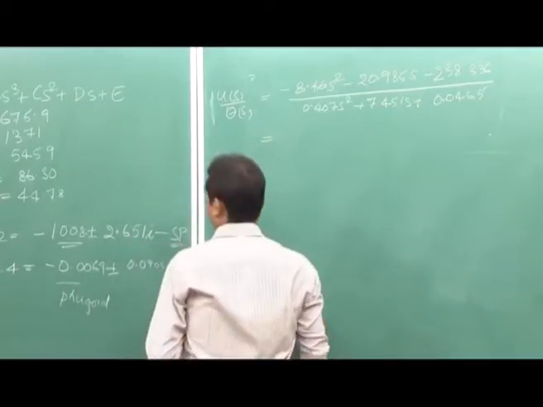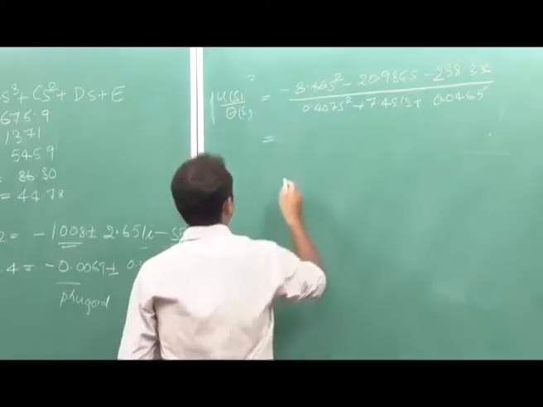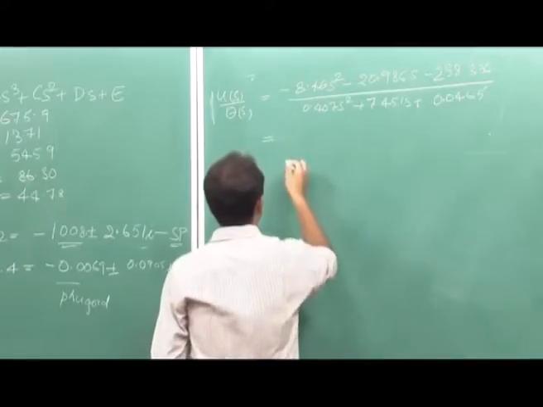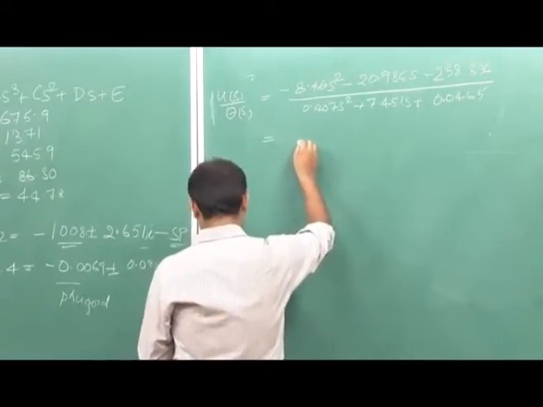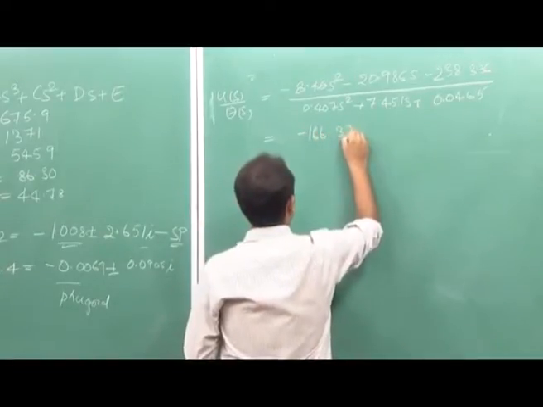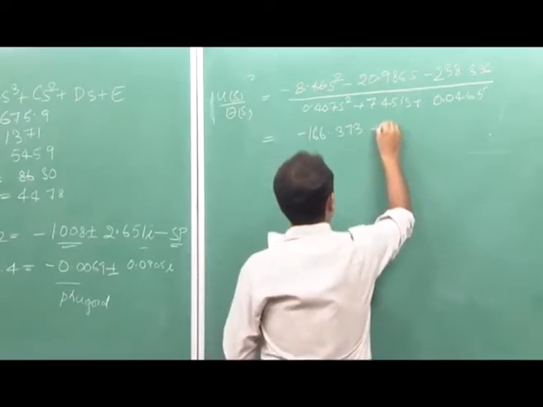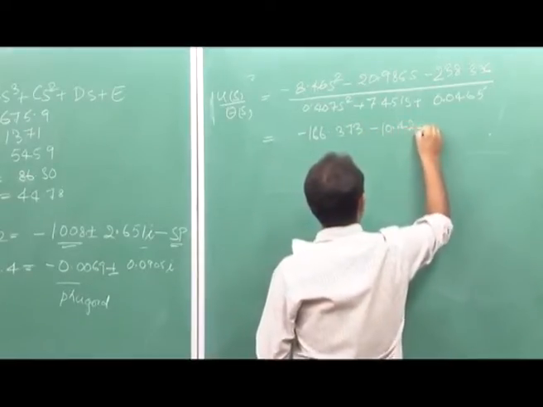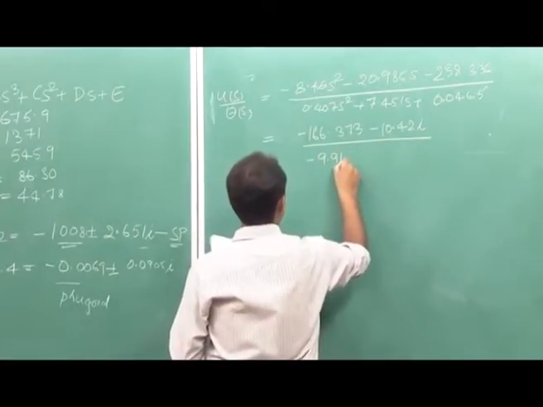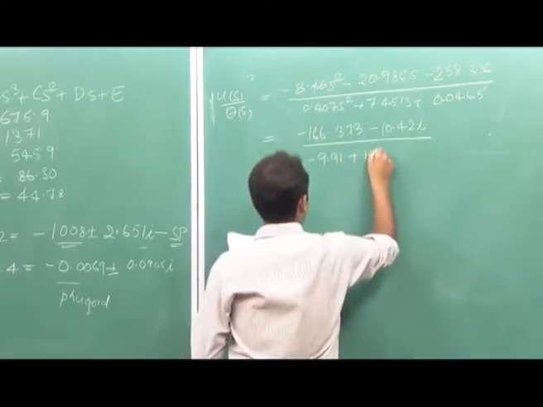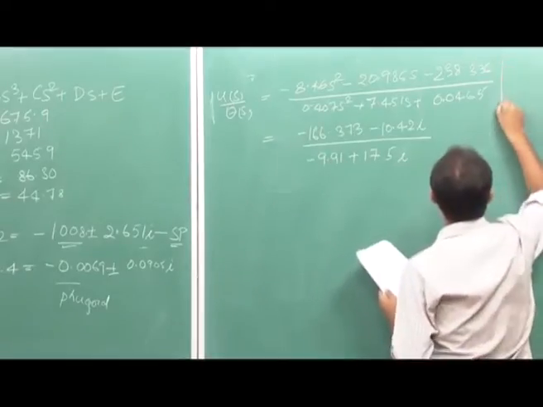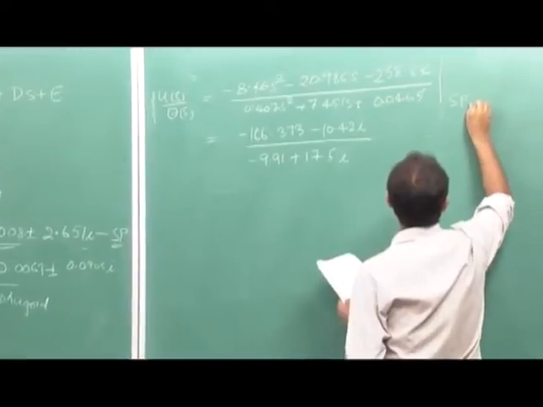Substituting the value of the short period mode roots, we will get the final value in terms of a complex number: minus 166.373 minus 10.42 I divided by minus 9.91 plus 17.5 I. This is the value at the short period mode root.